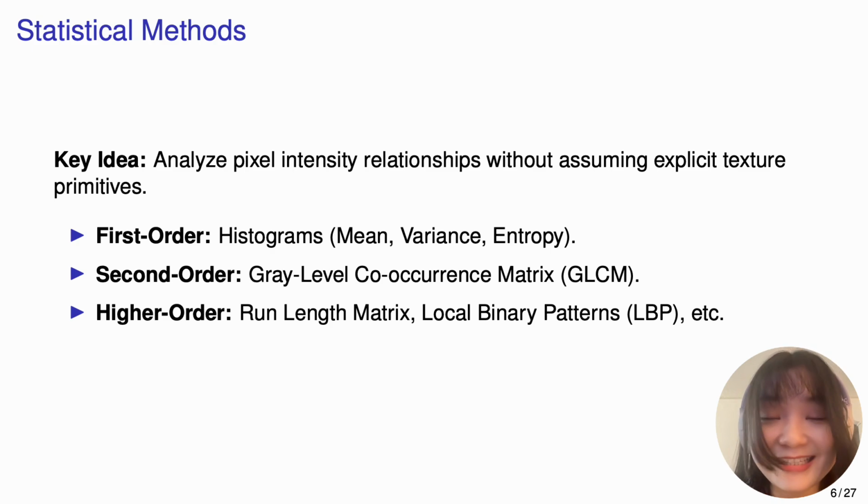Second order studies two pixels at one time. It counts the number of times two adjacent neighbors appear together, like the gray level co-occurrence matrix. And higher order studies the run length matrix, local binary patterns, etc. The run length matrix studies the longest run in the image, so it usually relates to several pixels in a row with the same intensity.